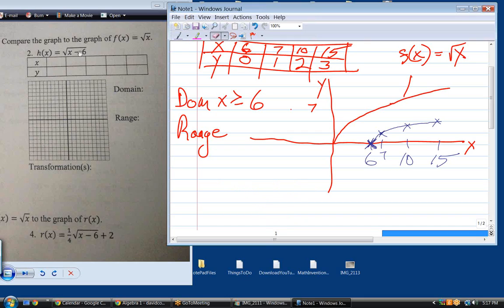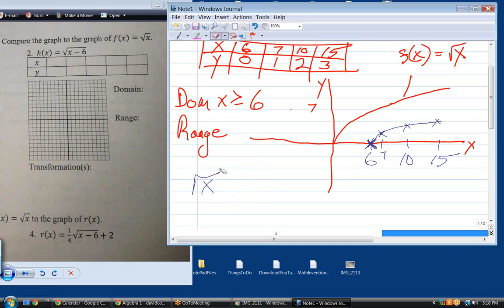When you have a number inside the function, in this case inside the square root sign, that is a horizontal shift. There's a difference between the first problem, where the number clearly comes after the radical sign, which makes it a vertical shift.